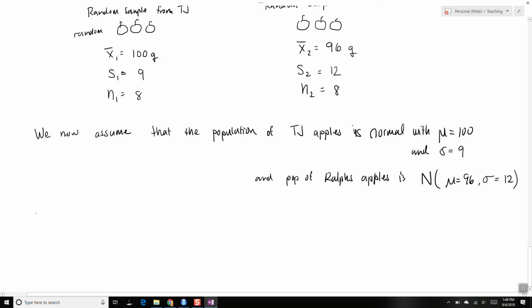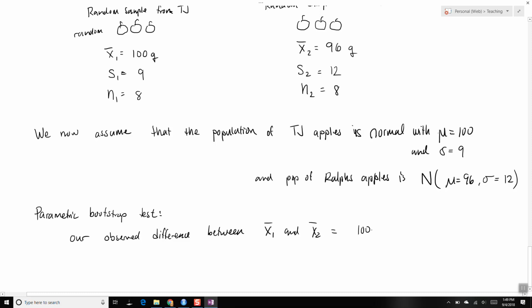Okay, and so here's our parametric bootstrap test. Our observed difference between x bar 1 and x bar 2 is 100 minus 96. We observed a difference of 4 grams. Now we're assuming that these are our populations.